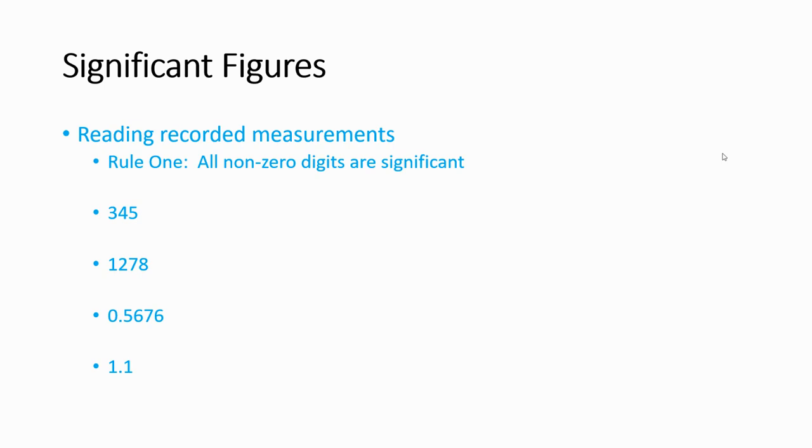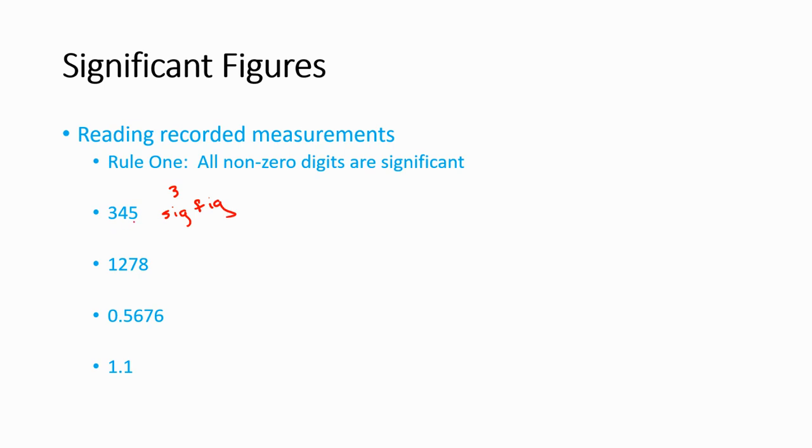What we're going to find out when we apply all of the rules for reading recorded measurements is that it is the zero that causes us the most problems, that causes the greatest decisions to be made. For the first rule, it's pretty simple. If it's not a zero, it is significant. So this first measurement of 345 has exactly three significant figures.